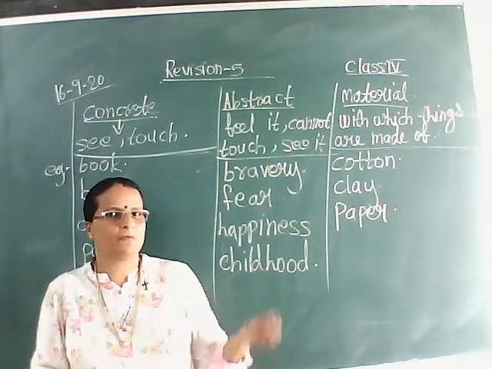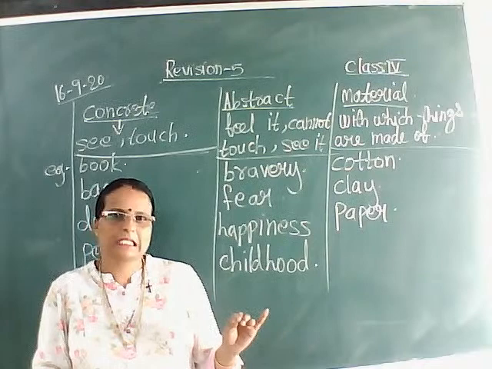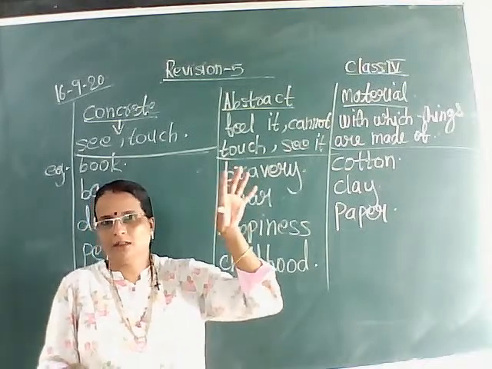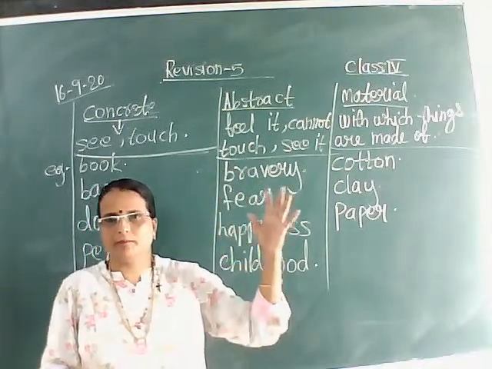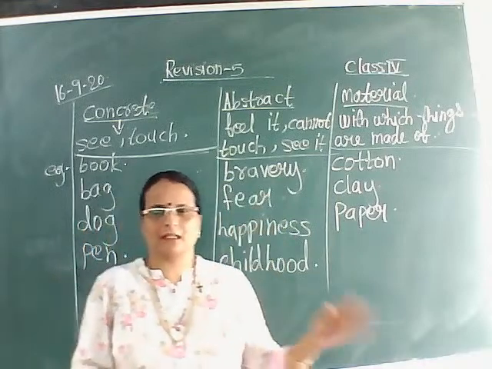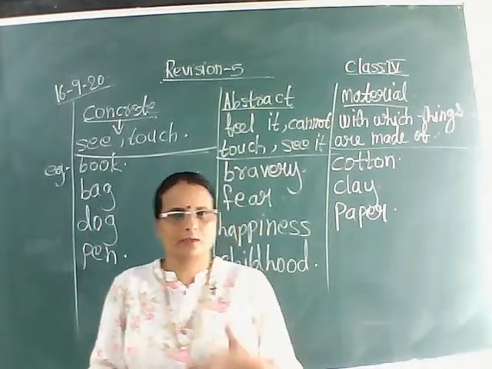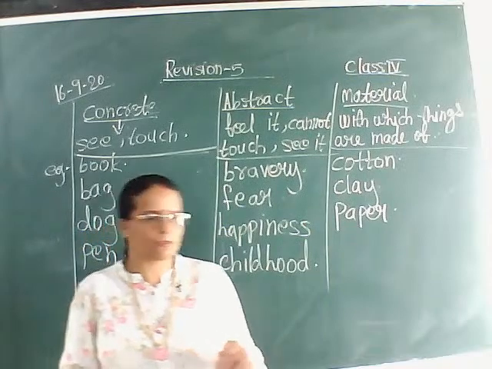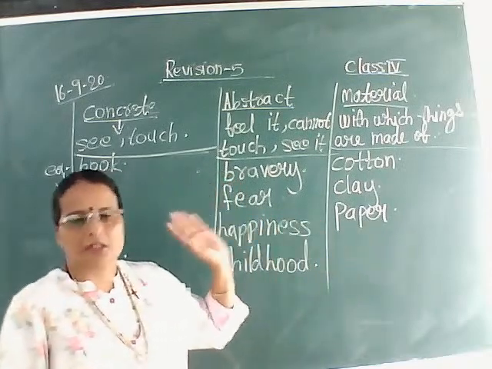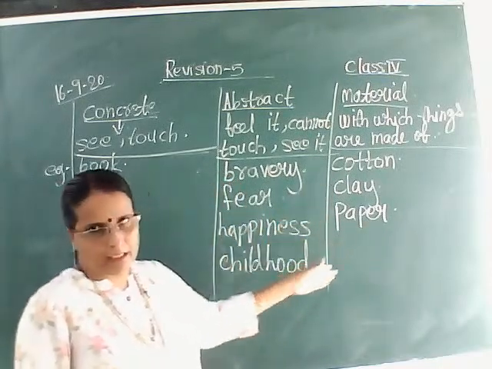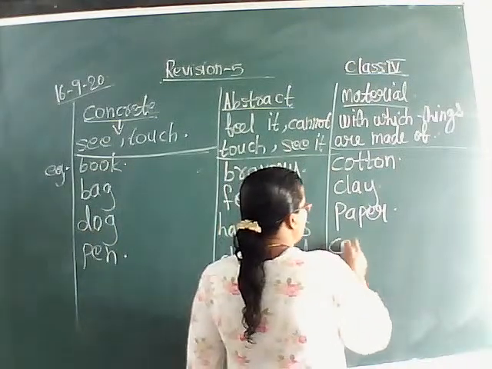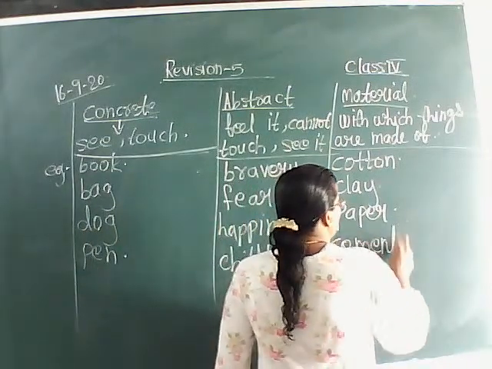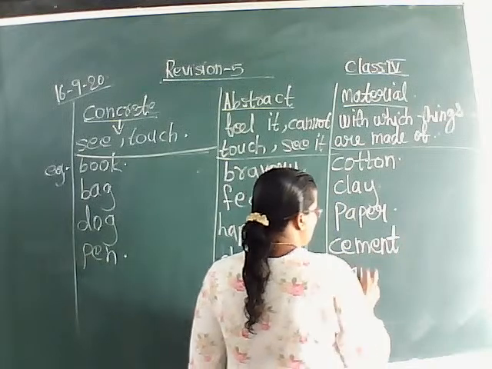And next, with the cement and sand, we are making statues. You might have seen big statues at the centers of town squares or village squares. So we make statues with the cement. Cement is a material noun. Also, sand is a material noun.